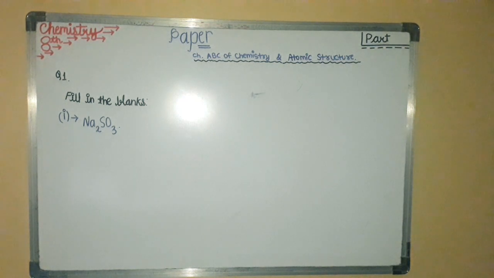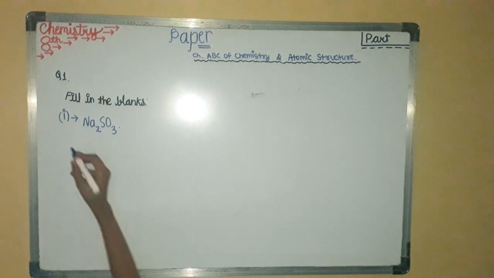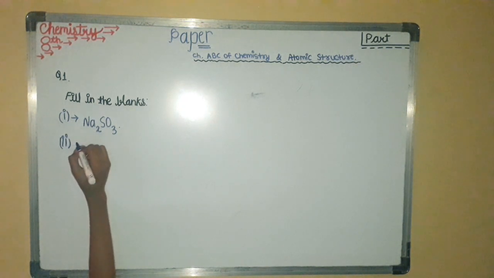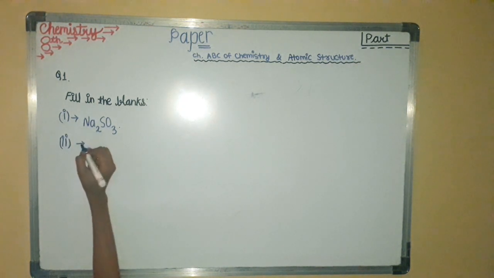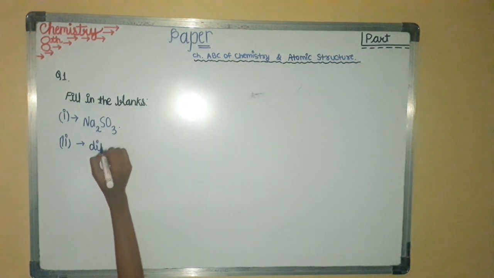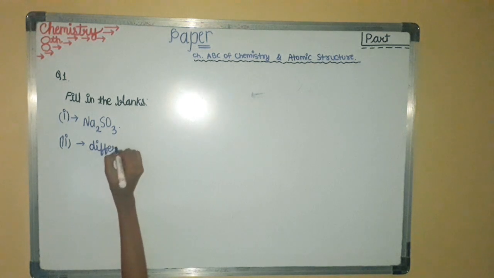Second, number of neutrons in isotopes of same element. So the answer will be: number of neutrons in isotopes of same element is different.